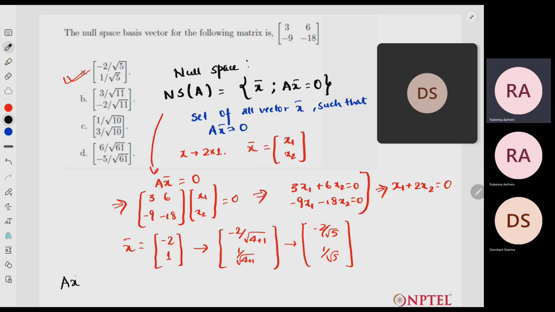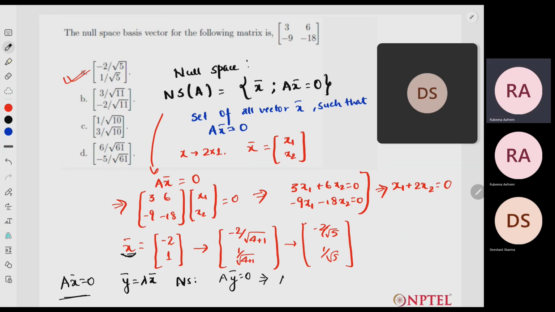but what I was trying to point out is that suppose this Ax is 0, so is null space unique? No, null space is not unique because any multiple of x will be satisfying this Ax equal to 0. Suppose in terms of x, we have y equal to lambda times x. So according to the null space criteria, A times y should be 0.